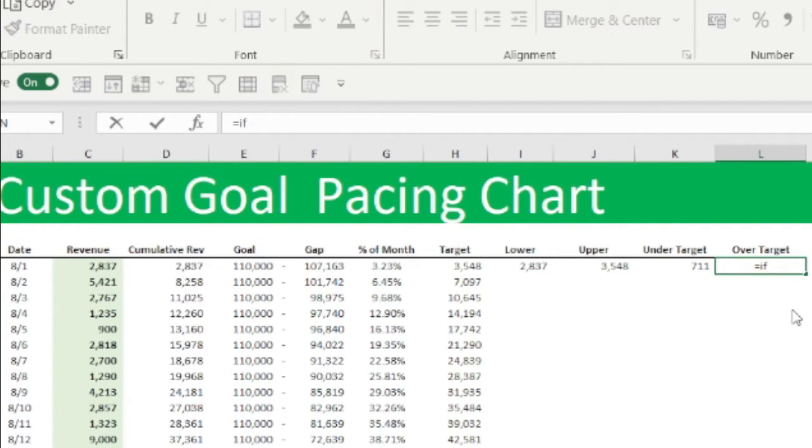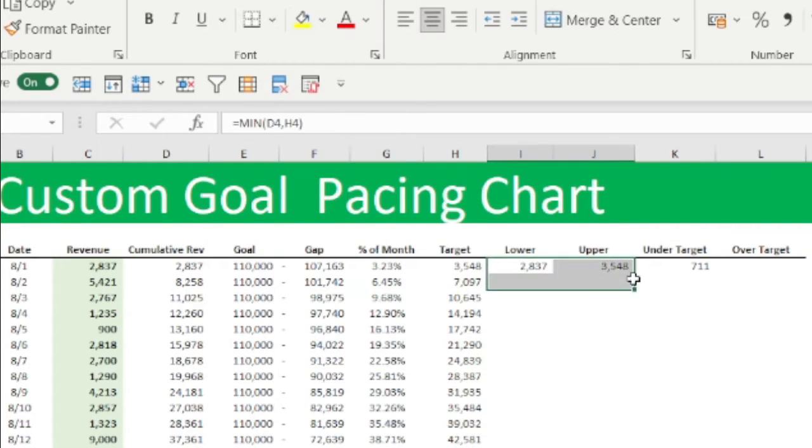Then for this one, equal to if the cumulative revenue is greater than our target, that is when it will be over, then we shall still have the upper minus the lower, and if not, we should have blanks. So this is it.